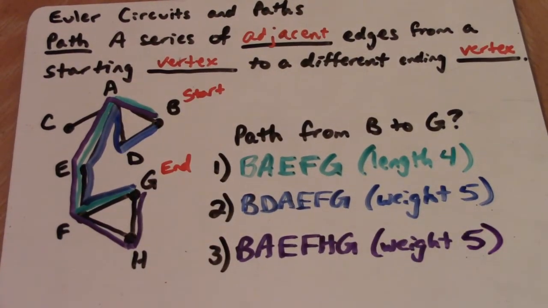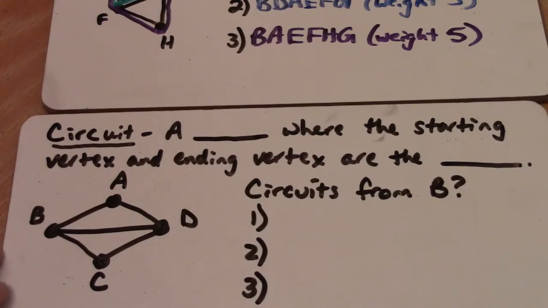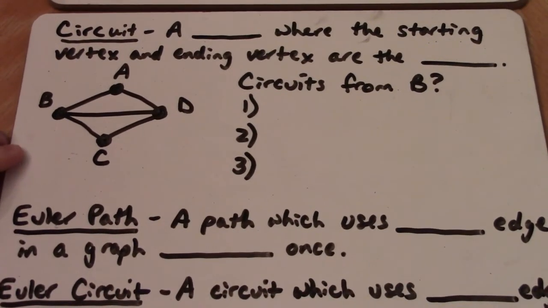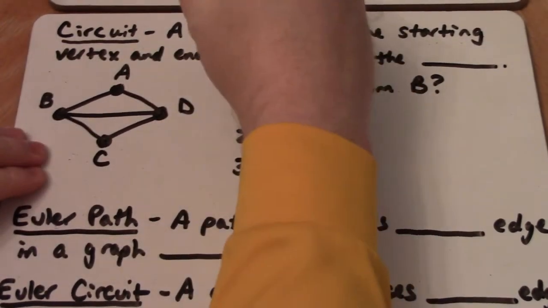So a path is a series of edges that allow us to travel from one vertex to a different vertex. Now, there is a more specific term that we need to discuss. That term is circuit. A circuit is a path, but it's a special type of path.